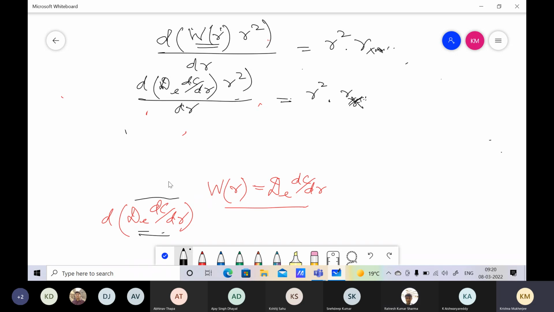Now tell me what is this expression on top here? Let us take D_E out, which is a constant. So tell me the derivative: R square first function, second function, it is not very difficult.